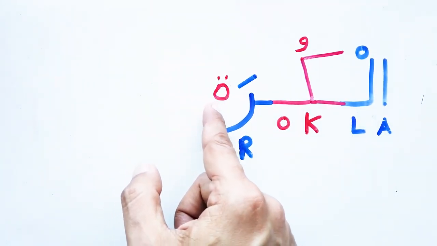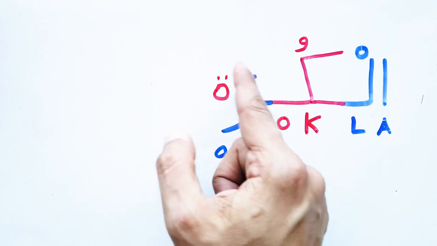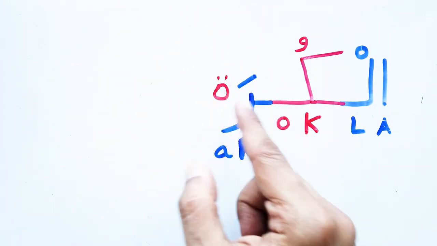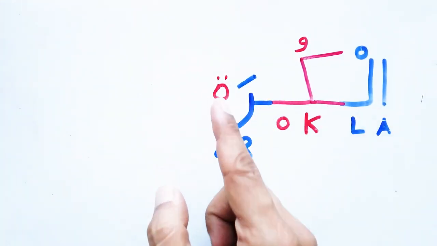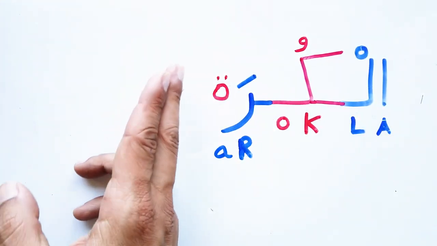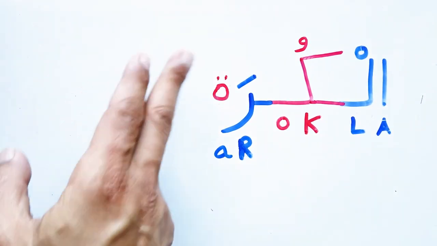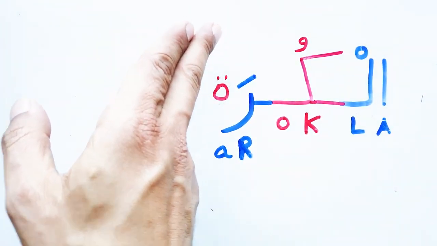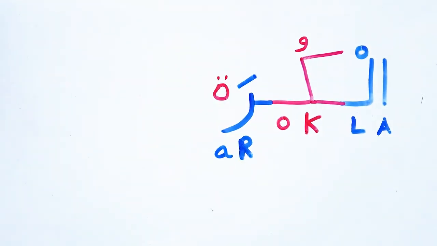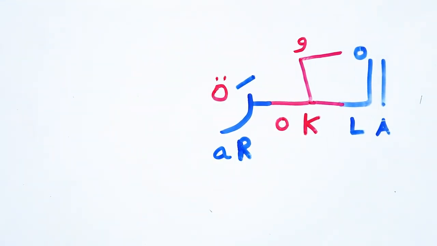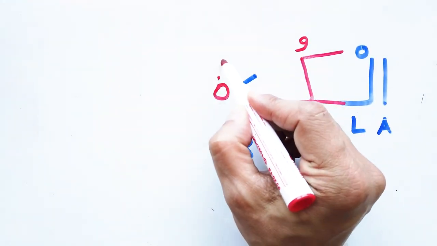So the ta marbuta and the ra, they will be together in one syllable. I say al-Qurah. But as I'm gonna add another word, I must add here on the top or under any mark. So the mark that I'm gonna add now is dhamma.